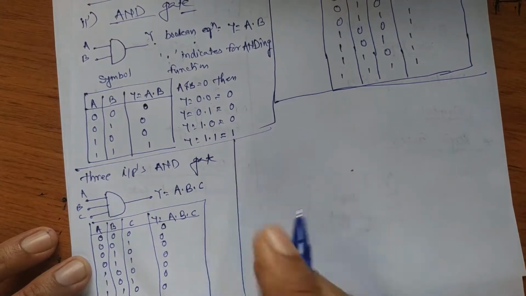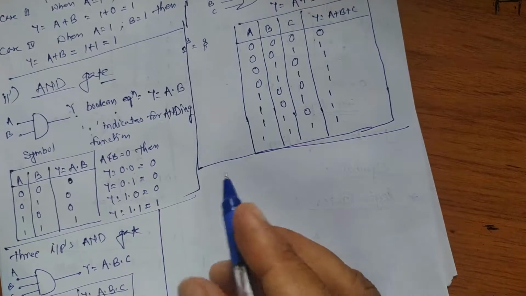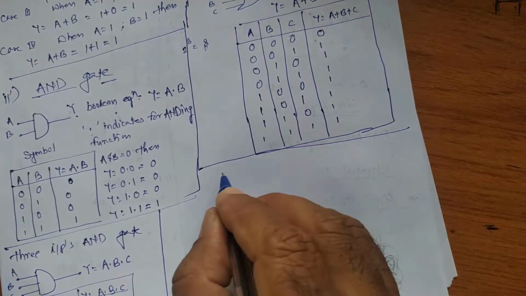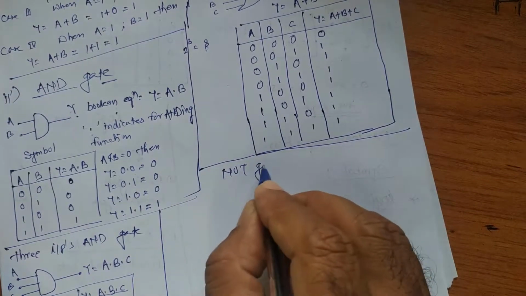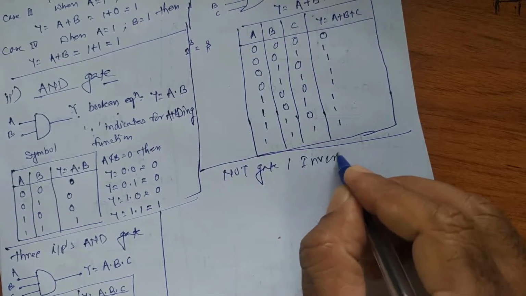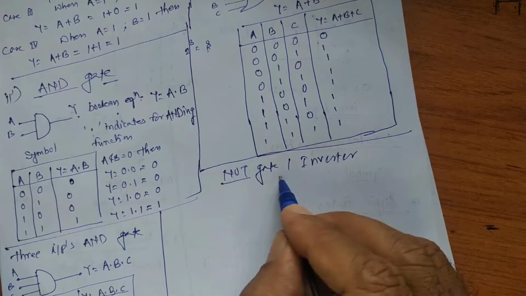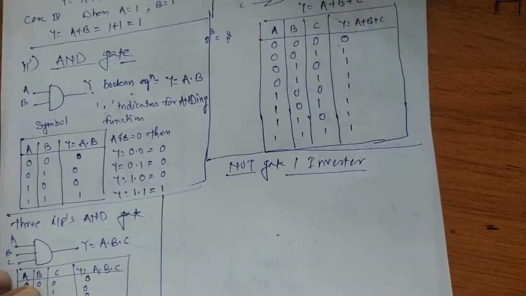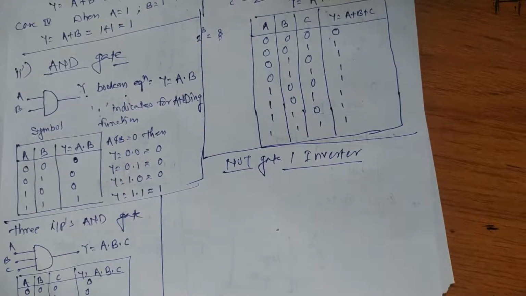Now the last basic gate, that is known as a NOT gate, which is also known as an inverter.